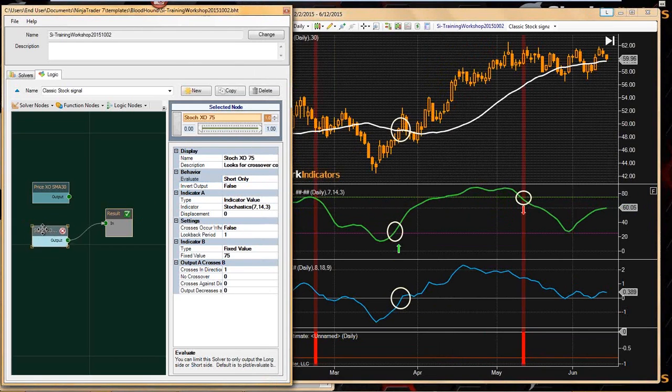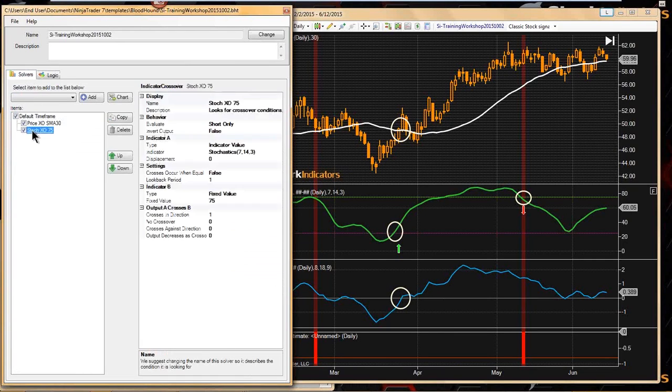Okay, so now I'm going to take this solver that I just built and make a copy of it and convert it over to the 25 level. So what I did is go to the solver tab, I clicked on the solver, hit copy, and I'm going to change the name on here.